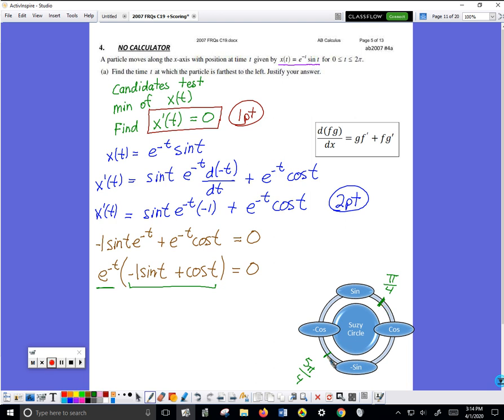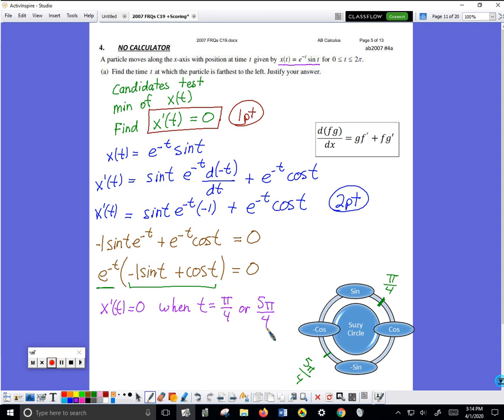At this spot, the sine and cosine are both equal to negative root 2 over 2. So I found the appropriate time, so I need to tell the grader: x prime of t is equal to 0 when t equals pi over 4 or 5 pi over 4.